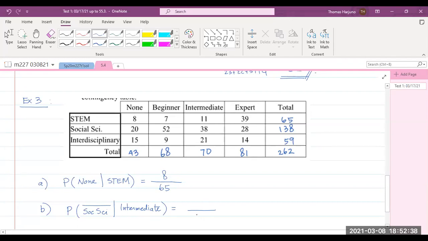There are 70 of them, right? There are 70 people with intermediate technical writing. Now, of these 70 people, how many of them are not in social science? 32. How do you get that? 11 plus 21. Okay, 11 plus 21.